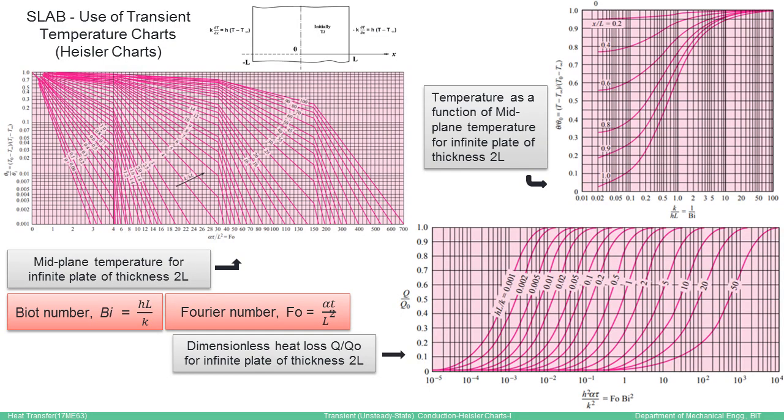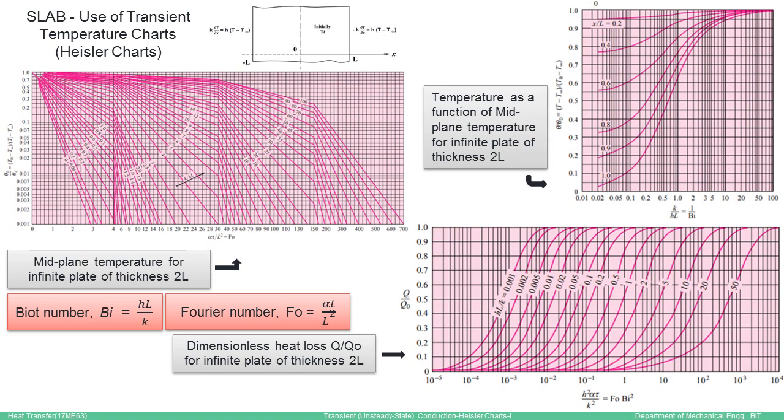For each case of a solid, like for example a slab or an infinite cylinder or a sphere, we are going to see a combination of three different charts. One is for central line temperature or midline temperature. The other one is for temperature at any given position as a function of midplane temperature, and the next one is for dimensionless heat loss.